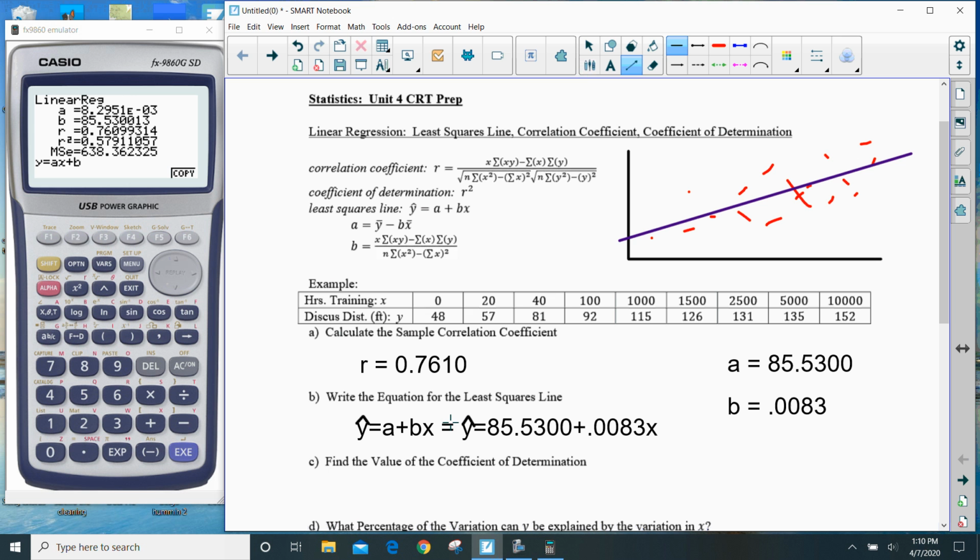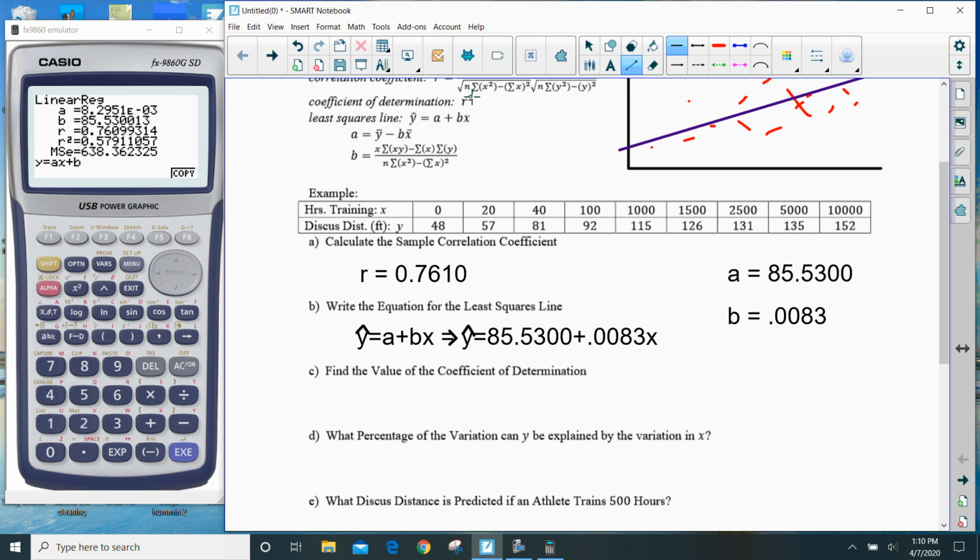This being an equal sign is a little confusing, so I'll turn it into an implies. Okay, so y hat is equal to a plus bx implies, putting in my numbers, y hat is equal to 85.5300 plus 0.0083x.